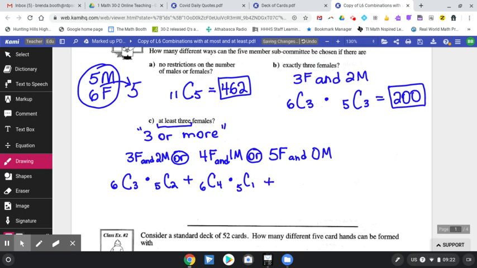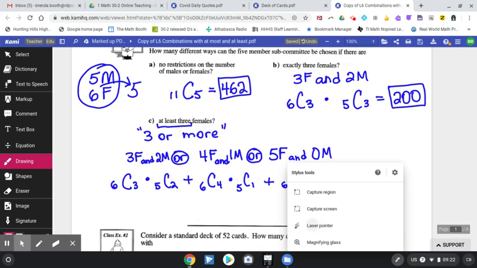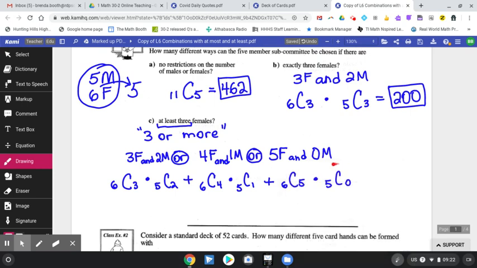To get 5 females, it would be 6, choose 5, and we're multiplying by 5, choose 0. Now, kind of like we had the other day, this 5, choose 0, you could put it in your calculator and you'll see that it is just equal to 1. So quite often you won't see this one in your work because you're just taking whatever this number is and you're multiplying by 1, which doesn't change anything.